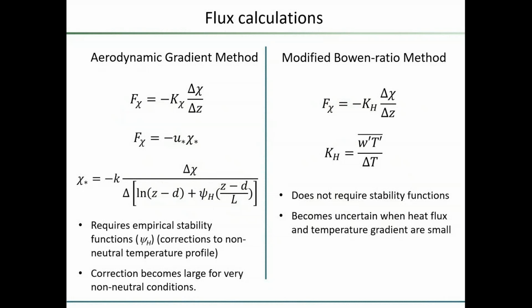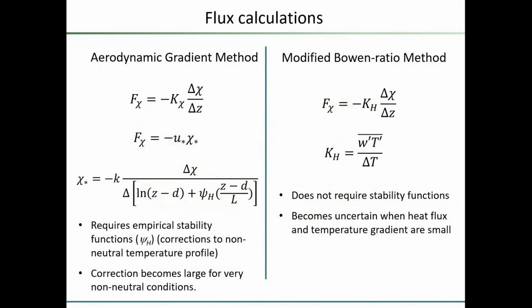And you can do some rearranging, and using the traditional approach, you can calculate the flux by employing these empirical stability functions. This is a pretty straightforward way to go, but it works best when the atmosphere is well mixed and is in this near neutral condition.